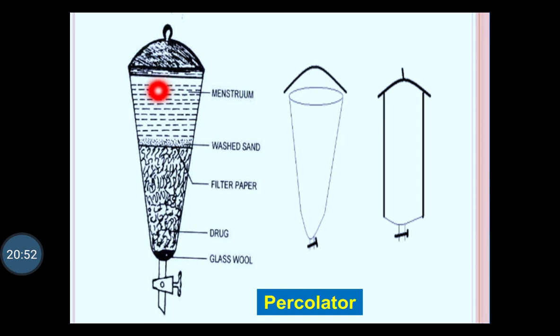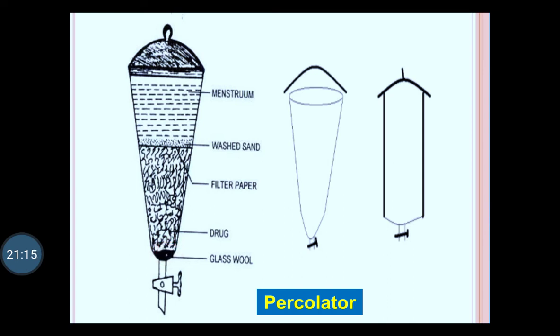It is allowed to stand for a particular period of time. Then the cork is opened. During the opening, the menstruum will move through the crude drug and it will cause the extraction of the active chemical constituents present in the crude drug.